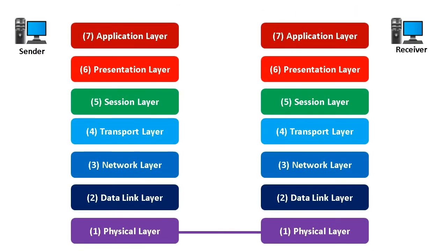The protocol used is IP, that is Internet Protocol, to convert the segment into the packet by adding the logical IP address of the destination device to the packet before sending it to the data link layer. If we discuss the receiver side, they just perform the reverse operation.